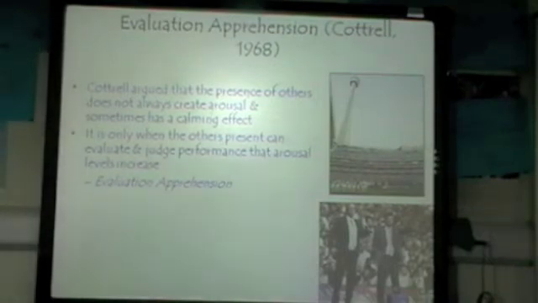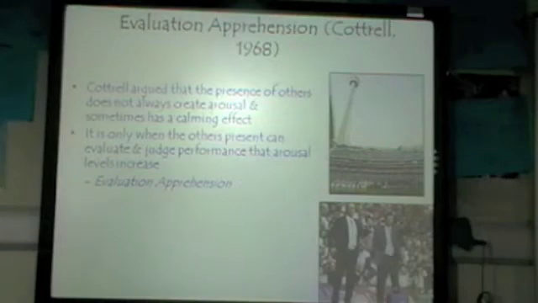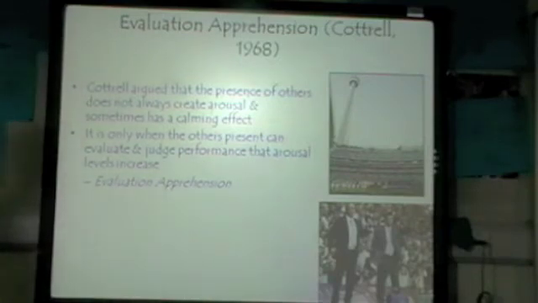Evaluation apprehension theory suggests that the main impact of an audience comes when the performer perceives that the audience is judging them. Alright, so they are evaluating your performance. So this could be if you know that it's a knowledgeable crowd, if you know that there are scouts in the crowd, if you know that there are important people to you as a performer in the crowd, like parents or friends or whatever.